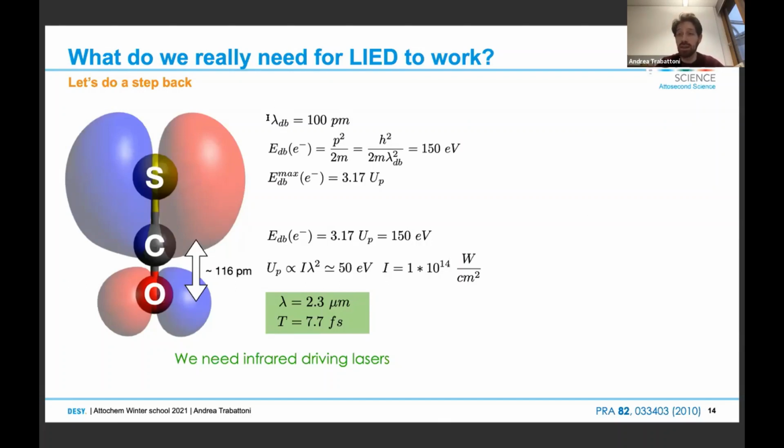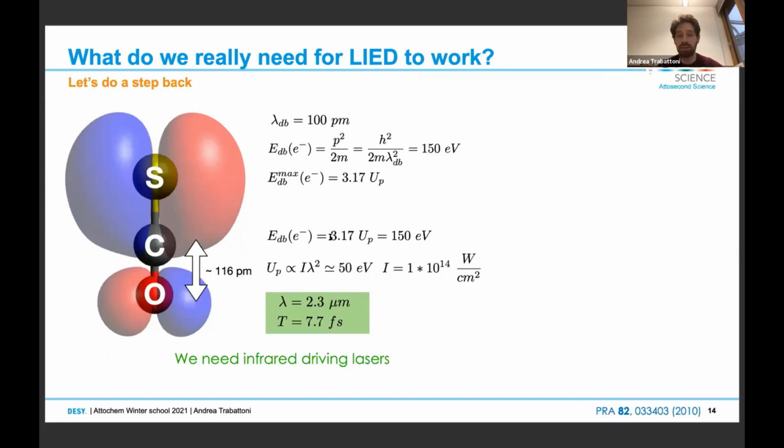That means that this needs to be the de Broglie wavelength of the electrons that are returning on my molecule. And this means that the energy of these electrons needs to be around 150 electron volts. But you know, as we just saw, the maximum energy of the electrons is related to the ponderomotive energy.